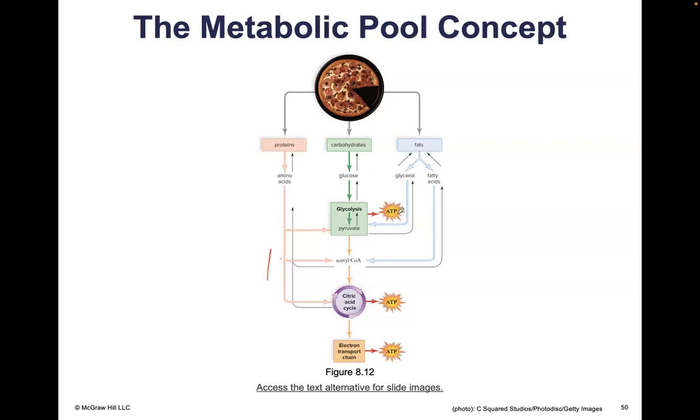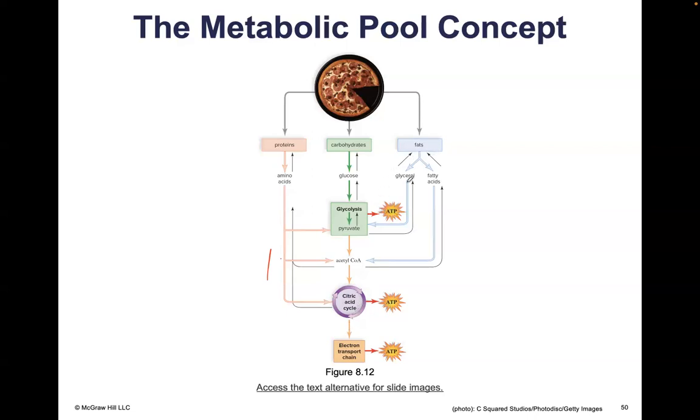They lead to the production of acetyl coenzyme A, which leads to the citric acid cycle, producing ATP, and finally to the electron transport chain reaction.